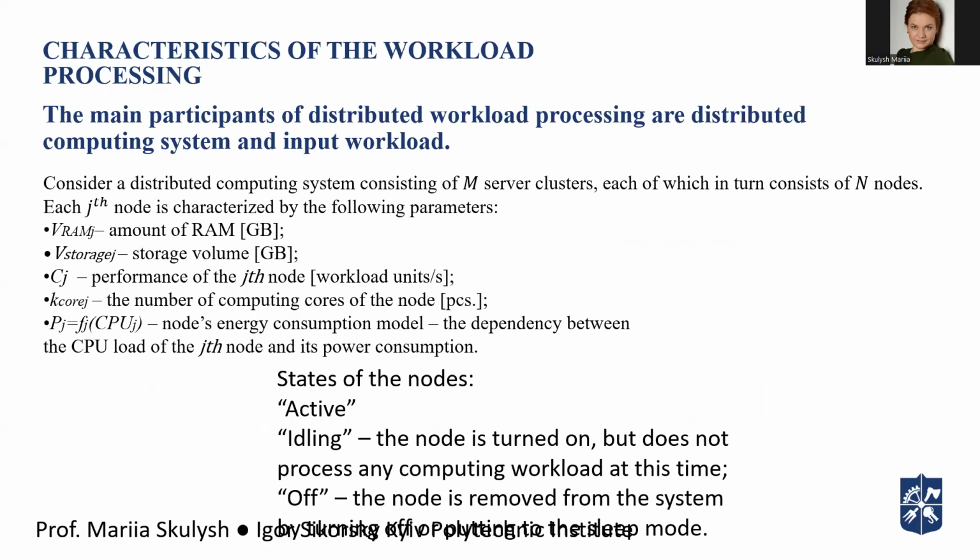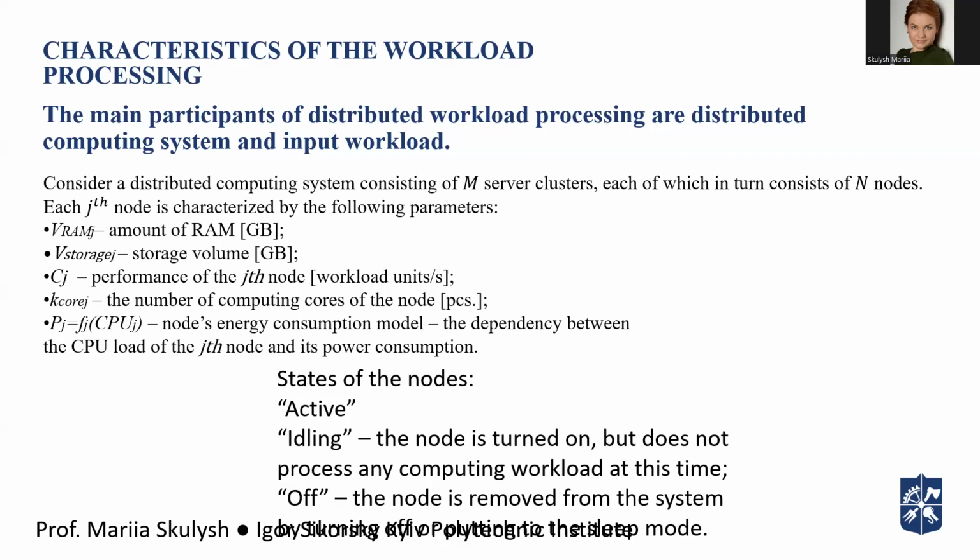Then, according to the characteristics of the workload processing, here you can see some parameters like RAM, like storage value, like performance of each node. Why do we talk about this?